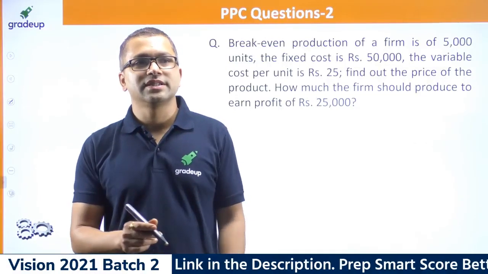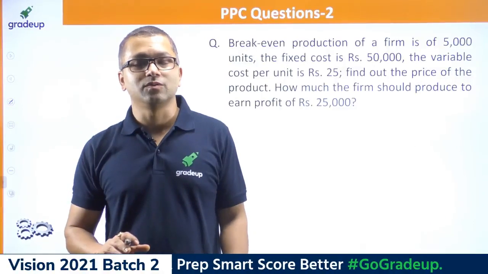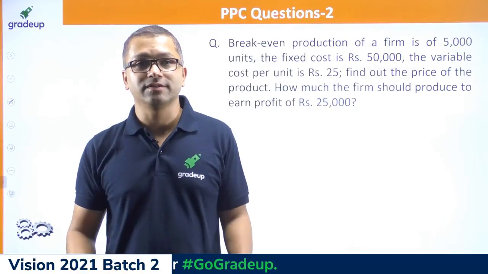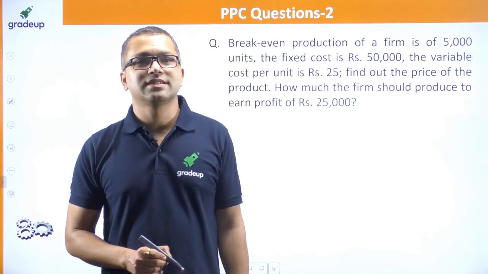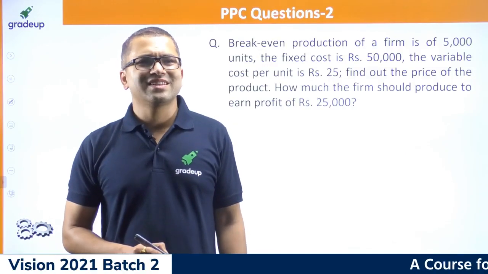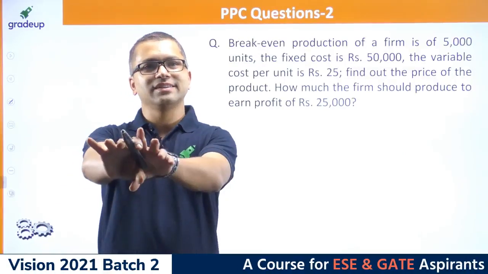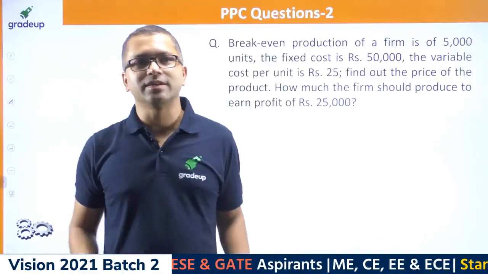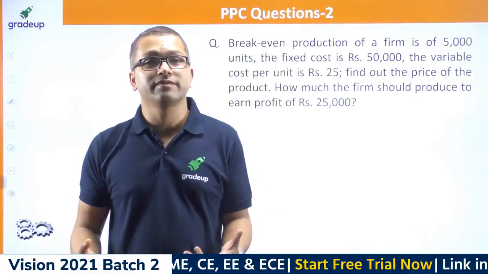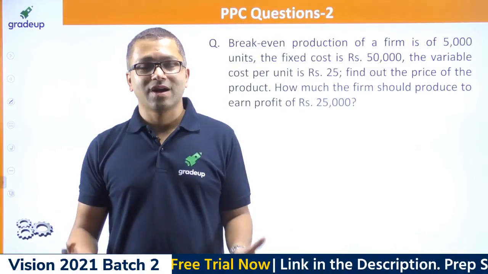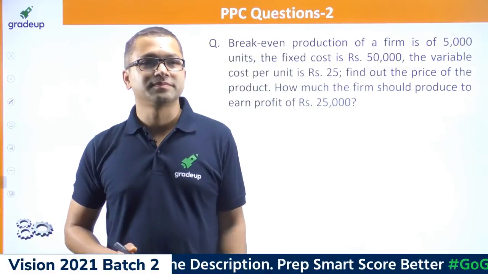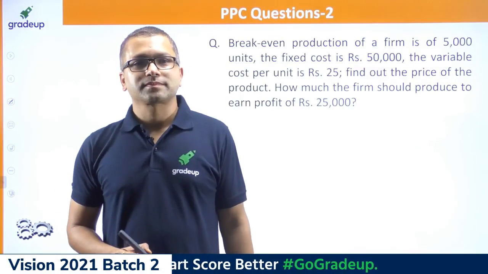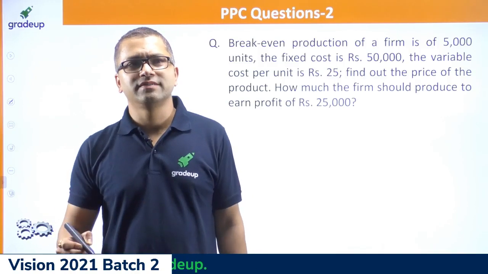So the selling price is 35. People are saying 35. Can you please write the unit of whatever you are telling? What is the unit of this 35? That is what I call understanding. So what is 35?